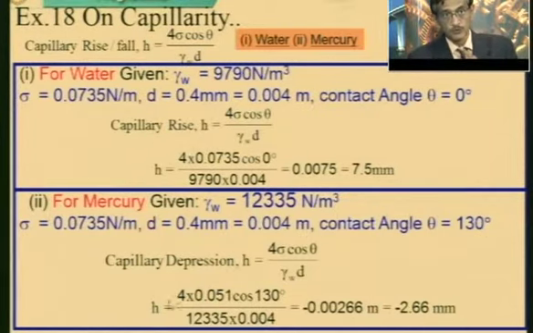Substitute the values: 4 into surface tension 0.051 into cos 130 divided by gamma of the mercury 12,335 into 0.004, which is the diameter. Repeat, 4 into 0.051 cos 130 and 12,335 into 0.004. You can see there is a dip of minus 2.66 mm.